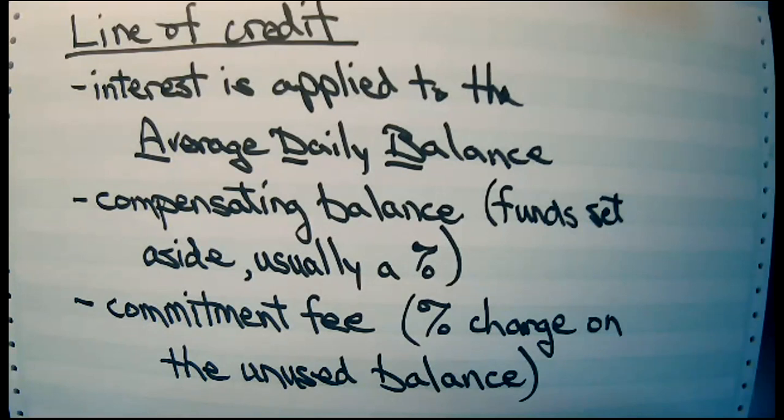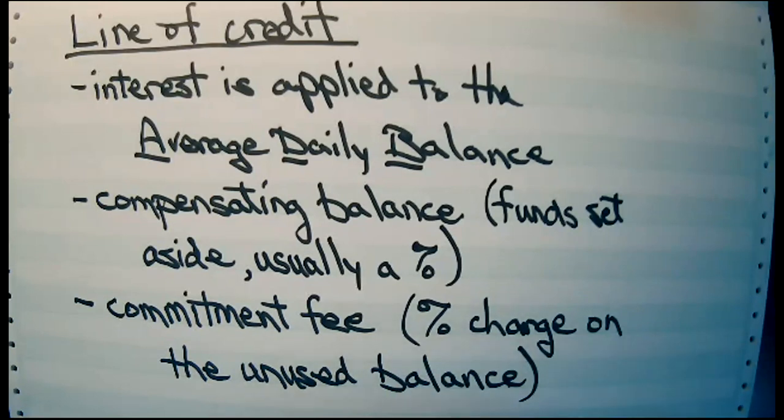But the $80,000 that you haven't touched, you may have to pay a very small interest fee on that. And that's called a commitment fee, and that's so the bank knows that they may have to provide that to you at your request. So that means they're not quite as free to loan it out.